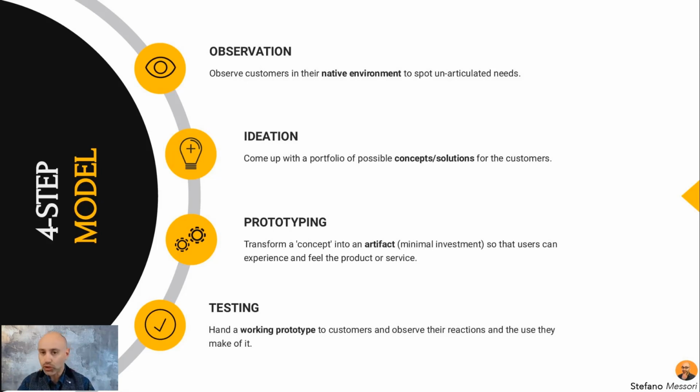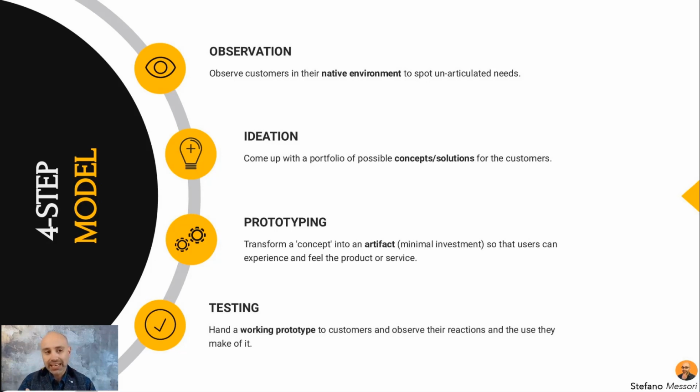It means that it doesn't matter what we think might create value for the final user. Human-centered means that we need to observe the people that we want to serve in their native environment and try to see what needs those people have that they are not able to tell us about.